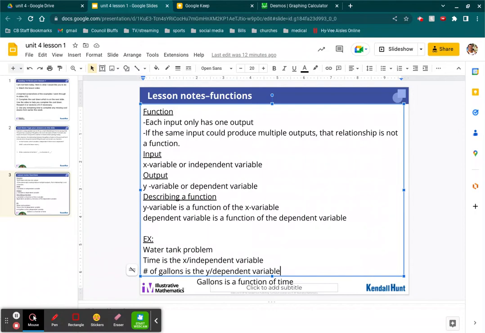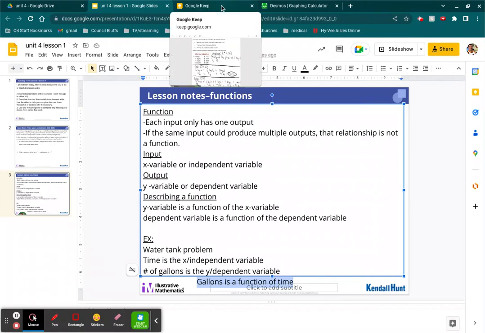The number of gallons either increased or decreased over time, depending on if it was being filled or drained. So the way we would describe that water tank problem is, as it says here, gallons is a function of time, meaning that the amount of gallons changed over time, whether increasing or decreasing, depending on if it was being drained or filled. I'm going to talk more about this as we go through the examples.